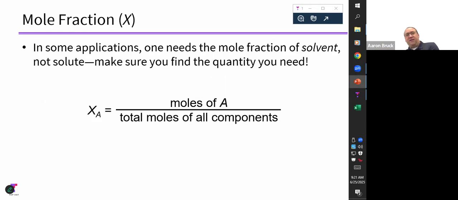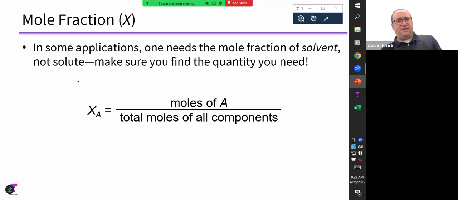The last unit, mole fraction. Mole fraction is abbreviated by either a large uppercase X or, most commonly, the Greek capital letter chi, which doesn't come through on most software packages.